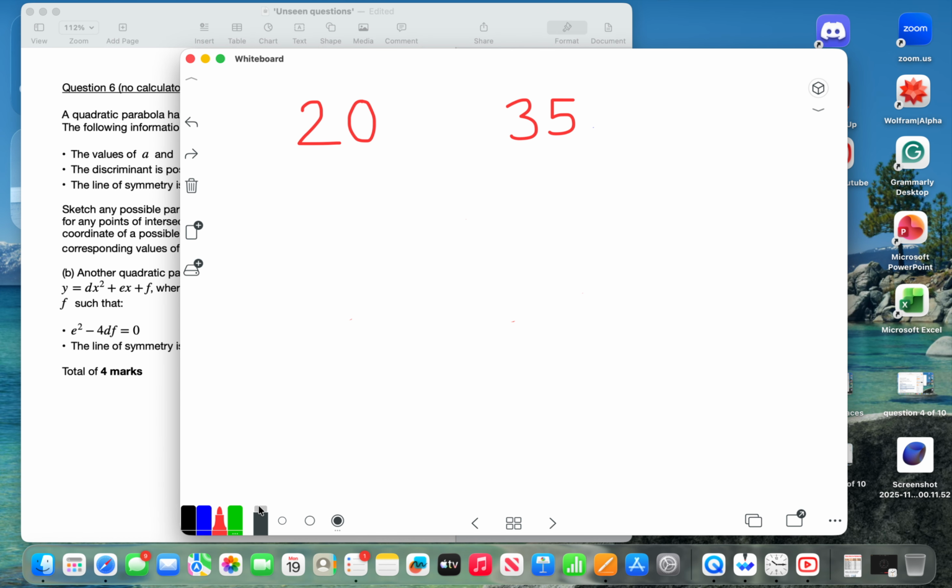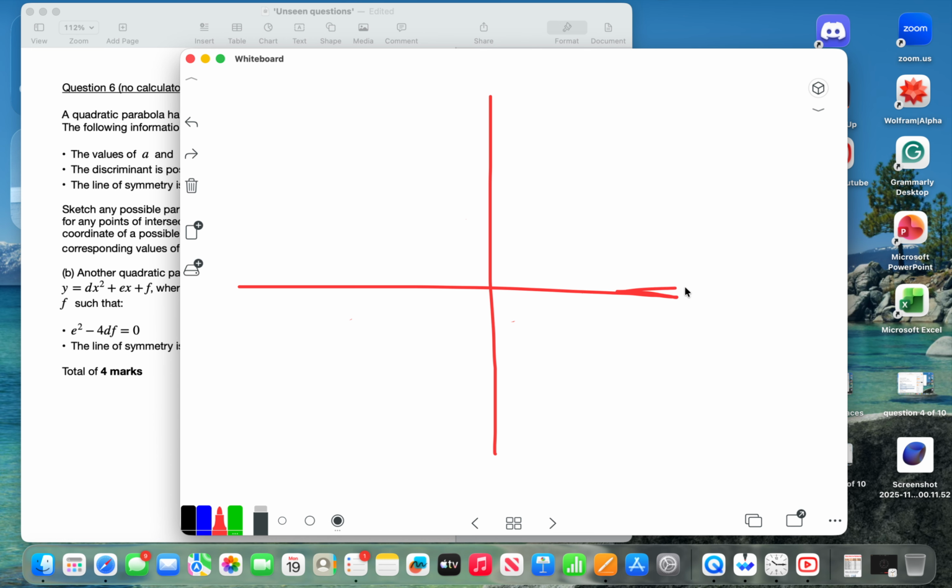But we could do this a bit differently. We have the turning point. We could make t 1, 2, 3, 4, make it anything as long as it's a positive integer. But we'll stick with 2 again.